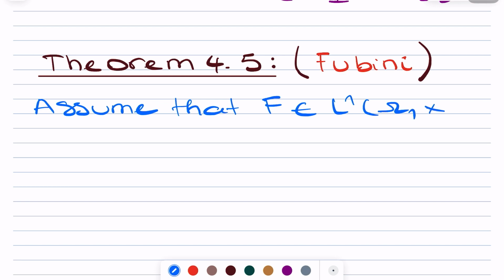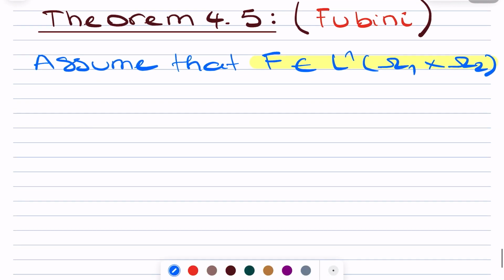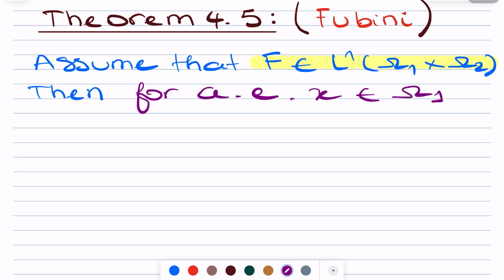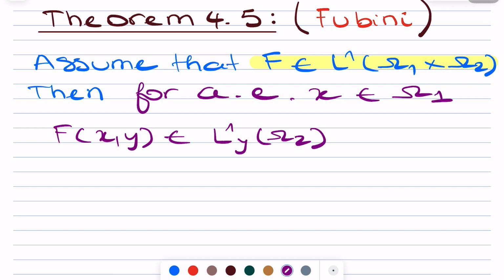Then for almost every x in Omega 1, f of x, y is in L1 of Omega 2. I put L1 y to say that the variable here is y; x is fixed and y varies.